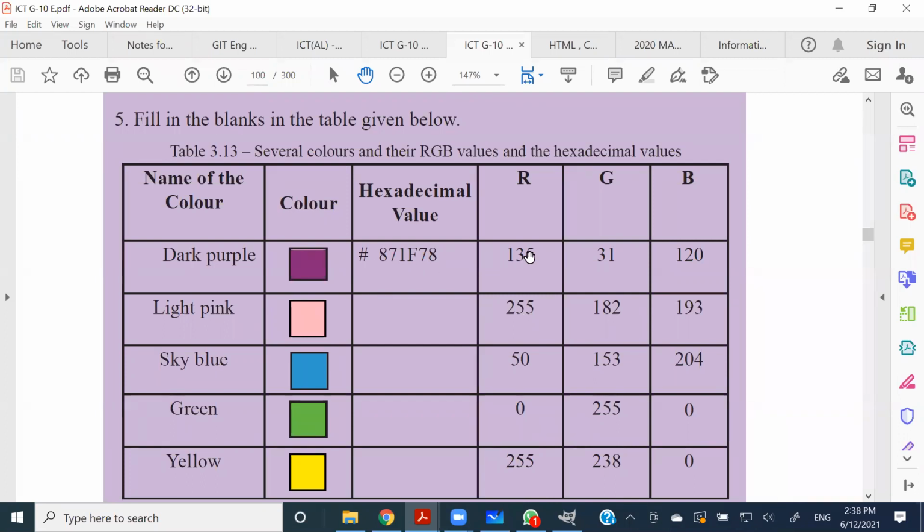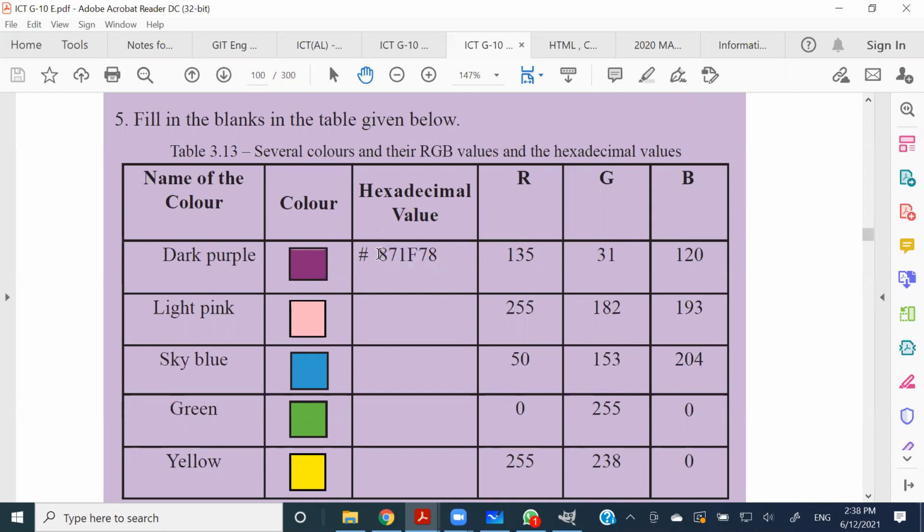Now, if you convert this 135, the decimal value, into hexadecimal, it's going to give you 87. That is how this is being created, right? And if you take 31 and convert it to hexadecimal, it's going to give you 1F.